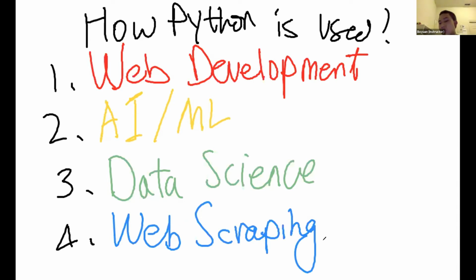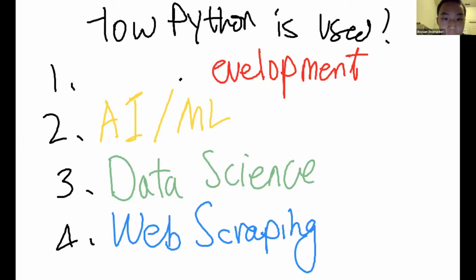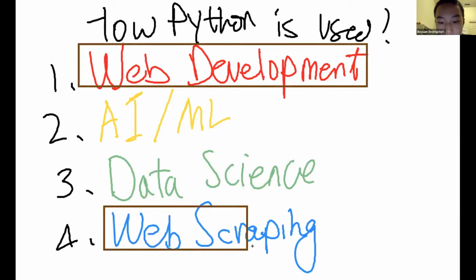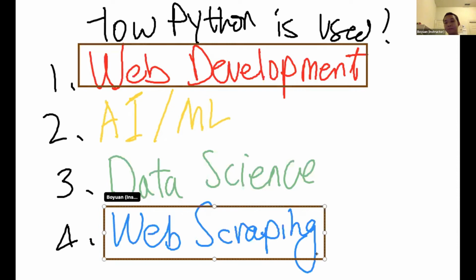So we don't intend to take a look at all of these. What I decided to do is we'll take a look at these two: web development, which is one of the fastest growing areas for Python, and web scraping.